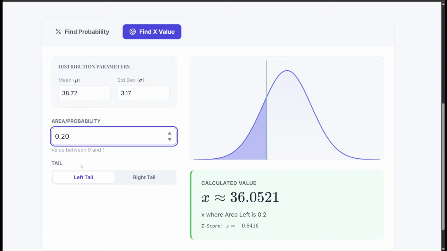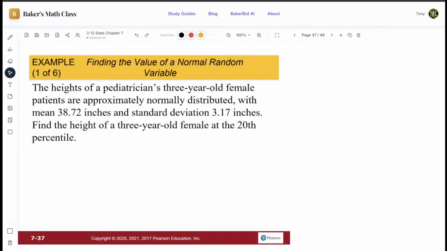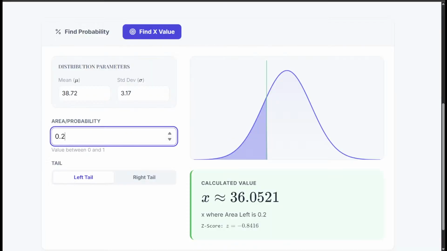So it'll always be a left-tailed experiment. So the height of a female child at 3 years old for the 20th percentile would be 36 inches tall.